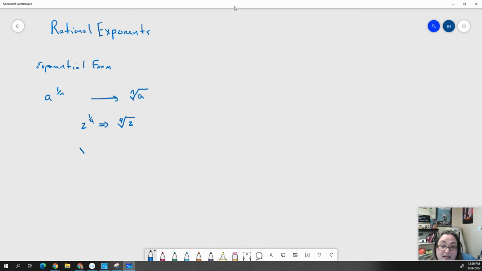If I had x to the 1/8, that would be the 8th root of x. If I have x to the 1/2, we don't write the index, right? That's a square root. It just means the square root of x. Does that make some sense to you?